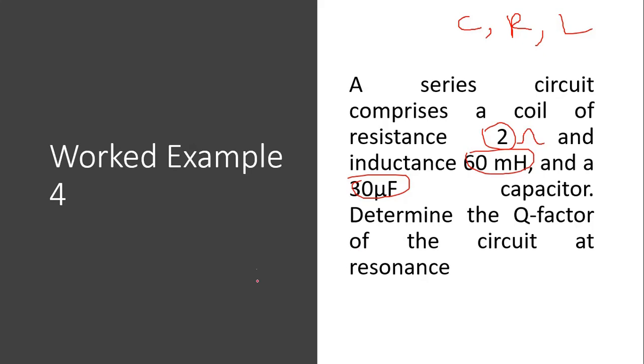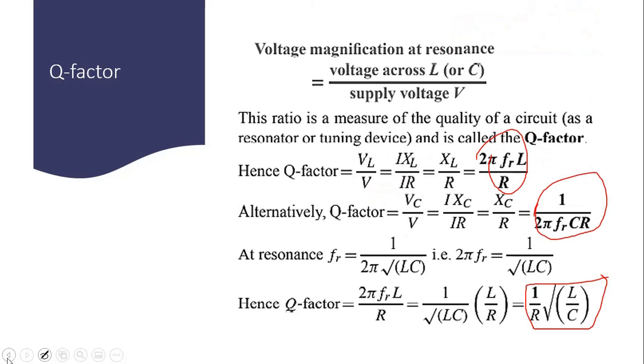So we have to go back and see which formula combines R, L and C from the formulas we have for the Q factor. If you look at this formula, this is the formula that combines the three together.